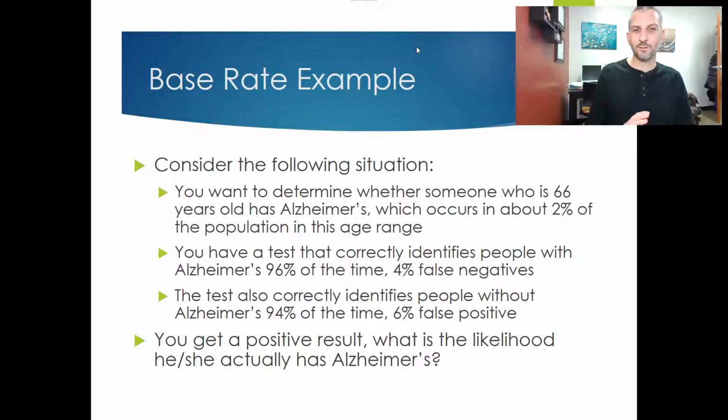It's a little bit of a math problem. It's actually 25%. You've tested someone and you get a positive result, and the likelihood that they actually do have Alzheimer's is 25%. If that sounds very low, you're not wrong, but it's actually the accurate number. I'll unpack it.